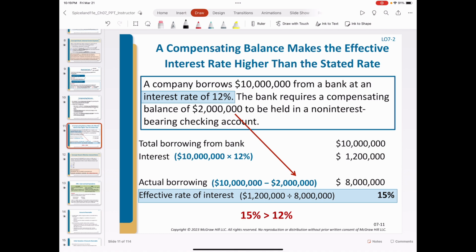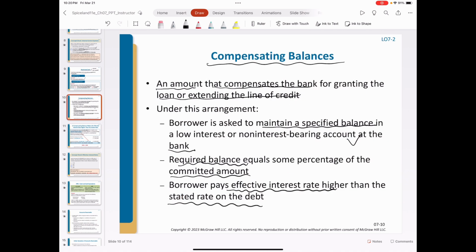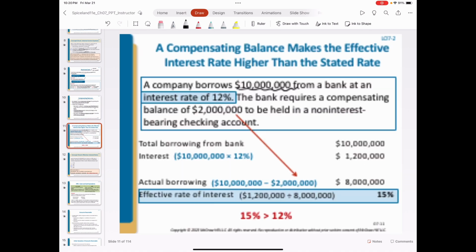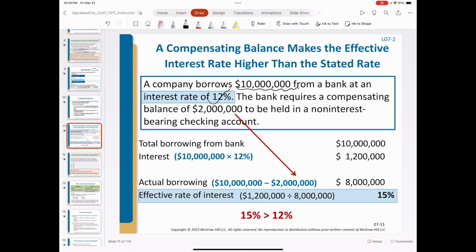A borrower borrows $10 million from the bank. The interest rate, or stated rate, is 12%, but actually this is not the effective interest rate this company pays. Also, according to their negotiation, the bank requires a compensating balance representing 20% of the debt, held in a non-interest bearing checking account in the bank.